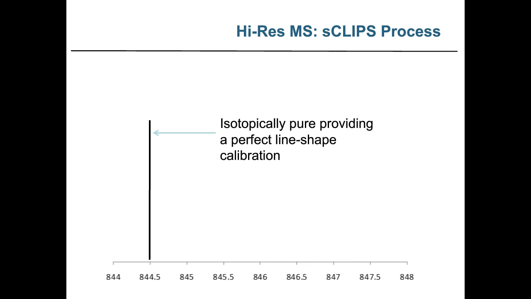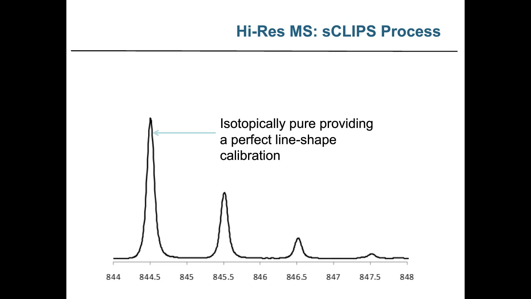It's a single line. There's no isobars in there. So we can actually use the monoisotopic peak as the calibration standard for the entire ion profile. Okay? Very simple concept. And it works very much like what we did by measuring an additional standard.